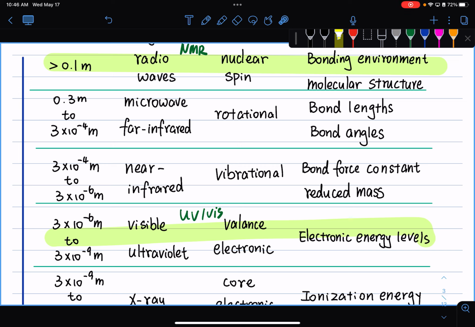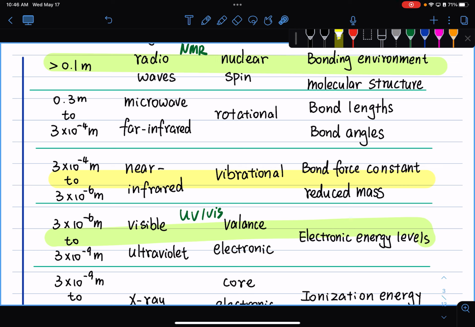We're talking about excitation of my electronic states, so it has higher energy, and it tells us about the electronic energy levels. And in between here, we have our IR spectroscopy. Judging by its name, infrared, the wavelengths we're using are in the infrared region, and it gives us information about vibrational energy.